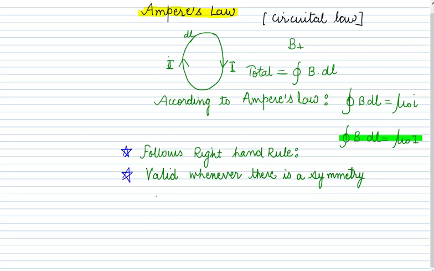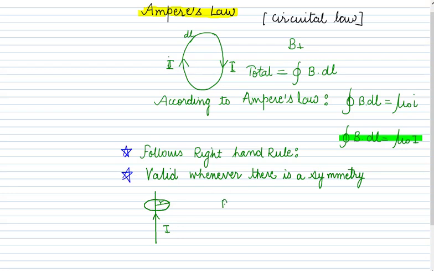So let us say, to consider the symmetry condition, there is a straight long wire which is carrying the current I. And if you want to calculate the magnetic field at any distance r, then you can draw a circular loop around it and say this distance is small r.